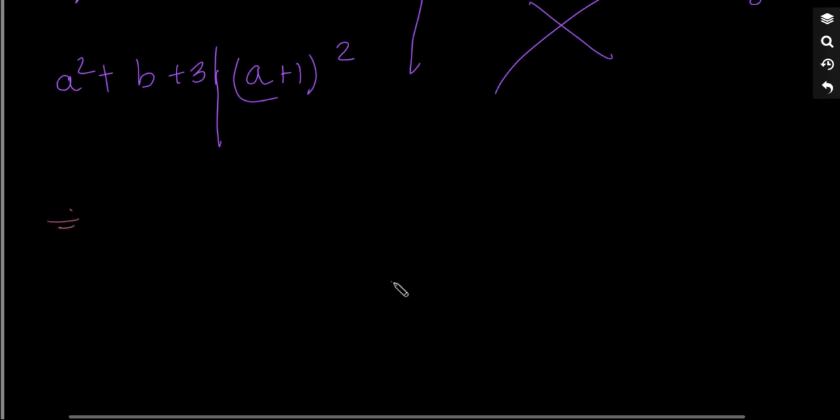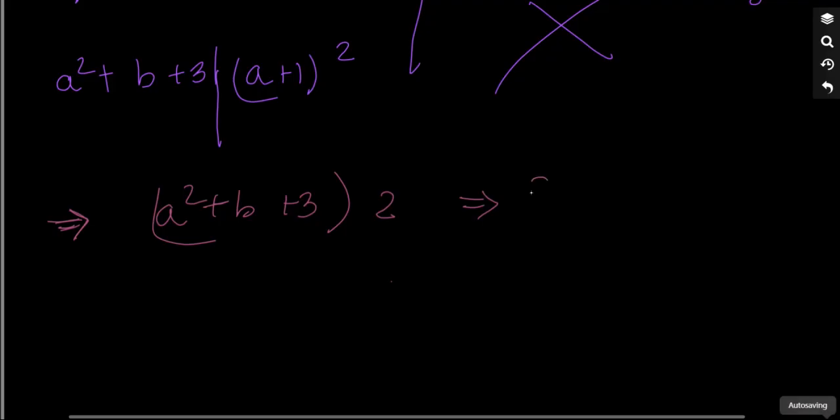Okay, now I'm going to do something. Just multiply a square plus b plus 3 times 2. What are we going to get? 2a square plus 2b plus 3 times 2 is 6.